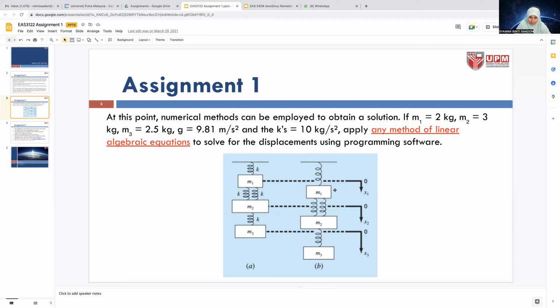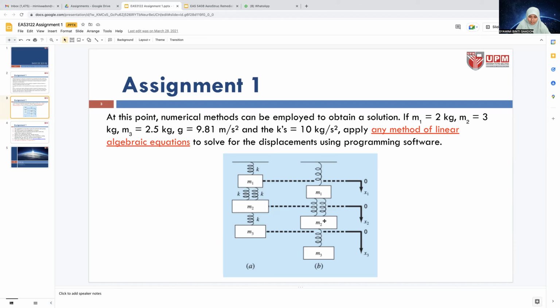But in order to calculate this, first you need to form the equation of the force acting on these three masses. Once you get the equation of the sum of the forces acting on these three masses, you will have linear algebra equations.